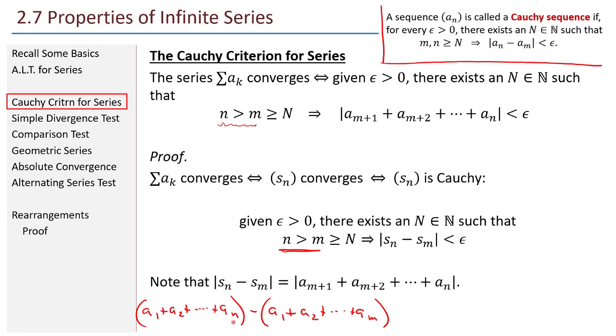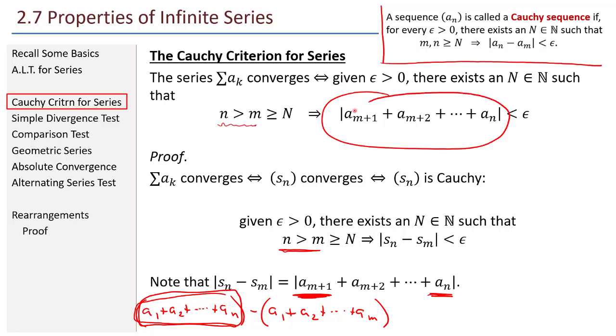Well, the n is bigger, so all of the terms a1 through am disappear. And the only thing that remains from my initial s sub n, my initial partial sum with n terms, are the terms m plus 1 through n. So in this Cauchy criterion for series, this sum that we see at the end in terms of the terms of a is really just a difference of two partial sums.